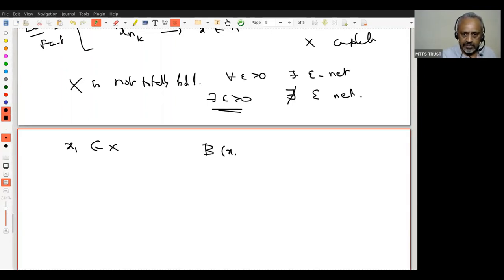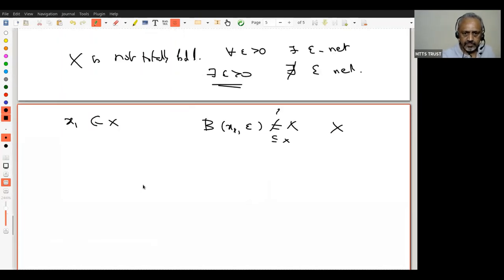Now let's look at B(x1, epsilon). This is a subset of X, but can it be equal to X? No, because if it is equal to X, then X has an epsilon net, namely consisting of only one point, x1. So therefore this is not true. You understood this? Okay. That means there is an x2 in X so that x2 is not in B(x1, epsilon).